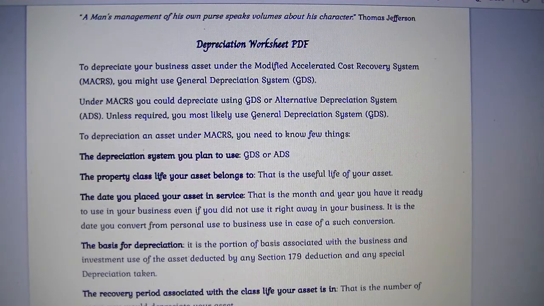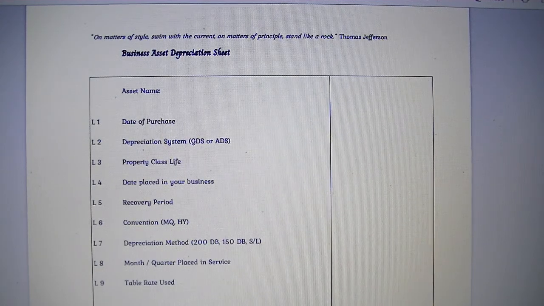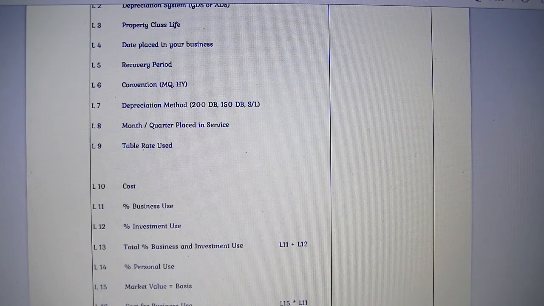So once you purchase the asset and place it in service, you will enter the name of the asset, and the worksheet is by assets. The date you purchase the asset, and you will scroll down, and we can just use an example.